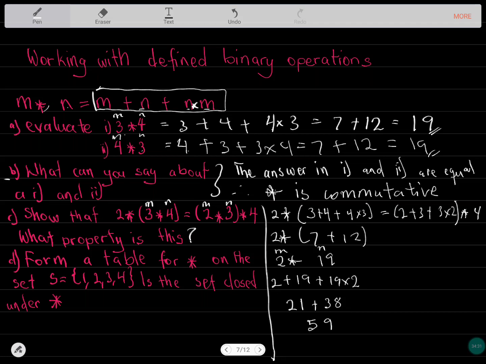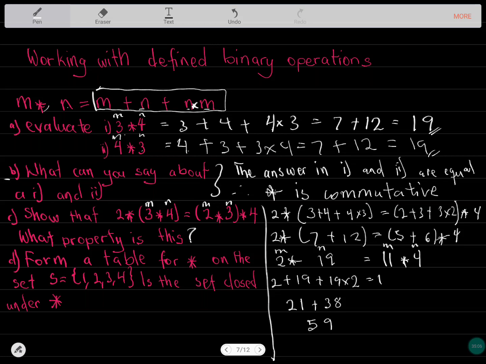Now we can do the same thing for the right hand side. So this would give us 2 plus 3, which is 5. 3 times 2 would give us 6. This would give us star 4, not to forget about that. This would give us 5 plus 6, which is 11. So now we have 11 star 4. Now 11 is m, 4 is n.